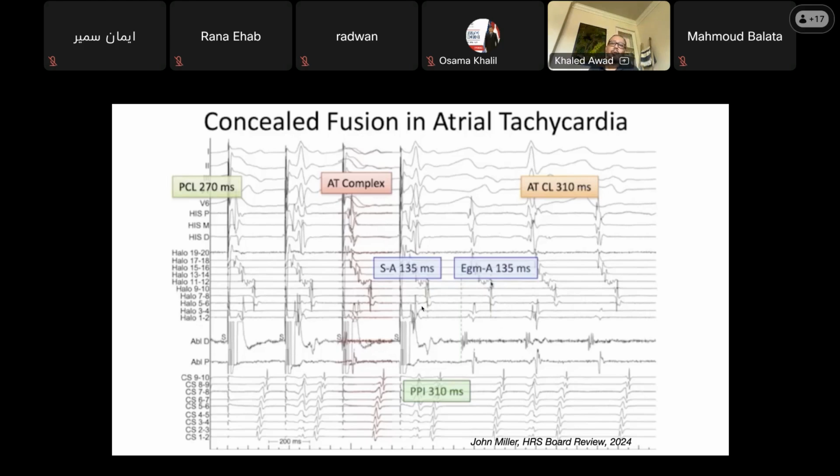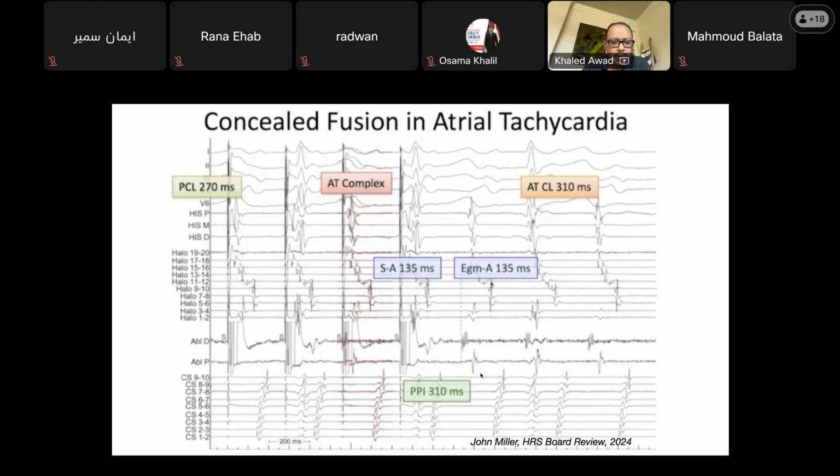So what we're seeing here is the tachycardia, and he's pacing here and trying to entrain the tachycardia. What we're trying to show you here is that while we're pacing, the atrial activation looks very similar to what we see during the tachycardia.